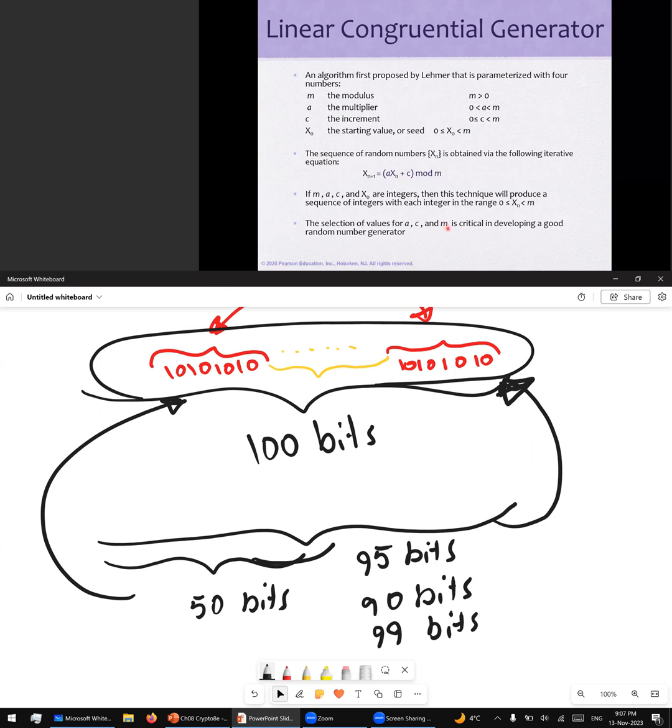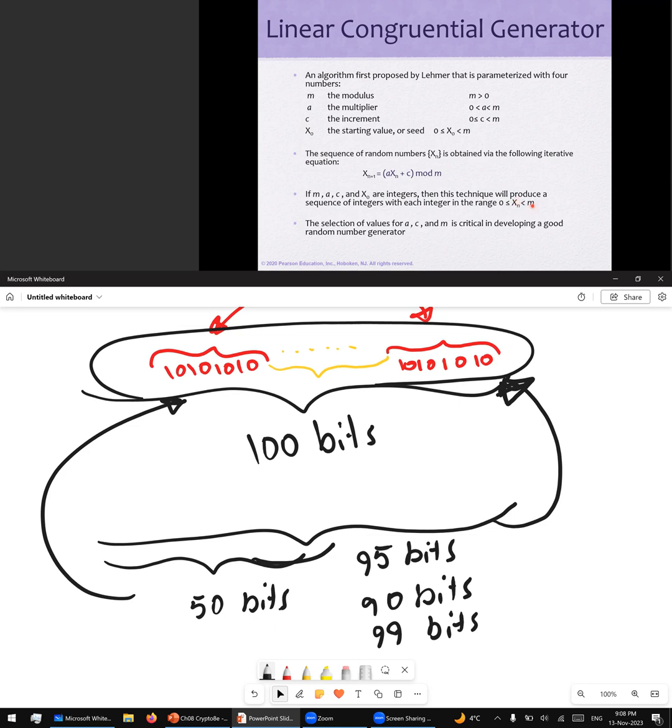But you can see, for instance, we want m, the modulus, to be a large number, right? Because when you do modular arithmetic, mod m, these random values, xn, will fall between 0 and m. If m is a small number, then your xn will have a very limited set to be in.